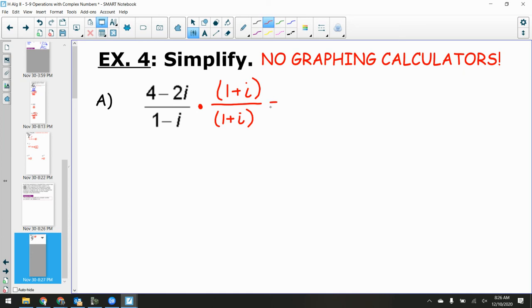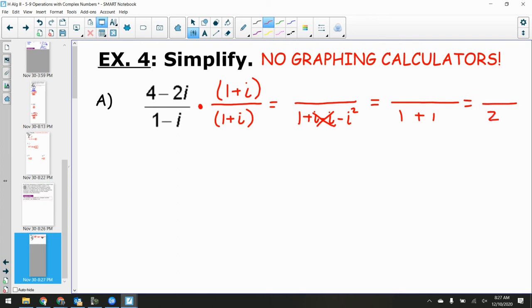It's going to cancel out and turn into real. The bottom is going to become first, outer, inner, last. The denominator is just going to turn out to be 1 plus 1 or 2.